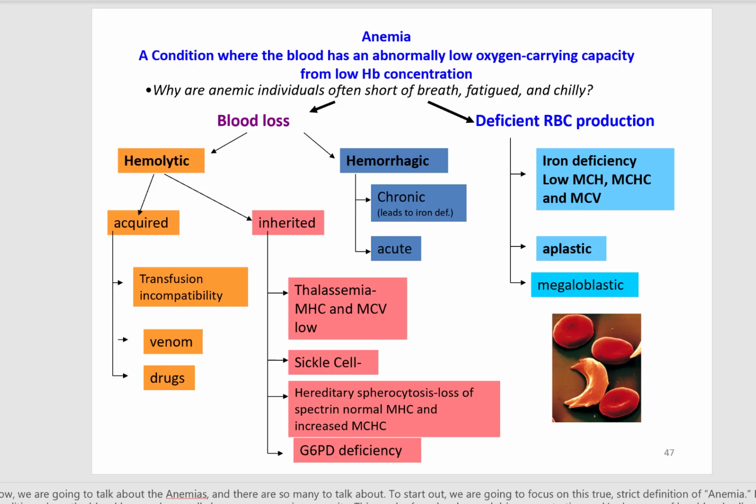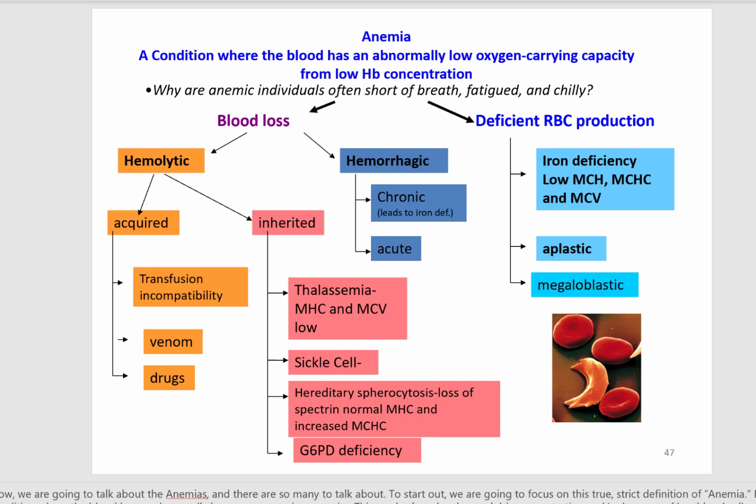To the left of your screen, I'm showing you that you could have blood cell loss. You can have blood cell loss because you're bleeding. That means hemorrhagic issues. Are you bleeding because you have a chronic hemorrhage? Maybe you have an ulcer in your stomach.